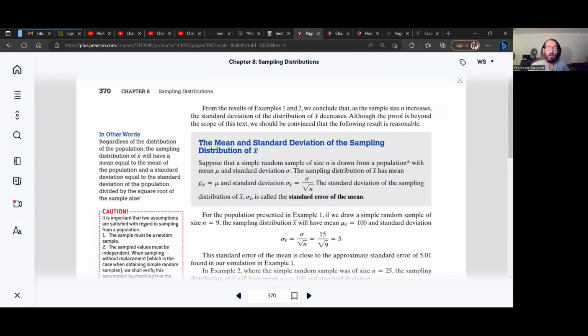So the mu of X bar is equal to the mu of the population.